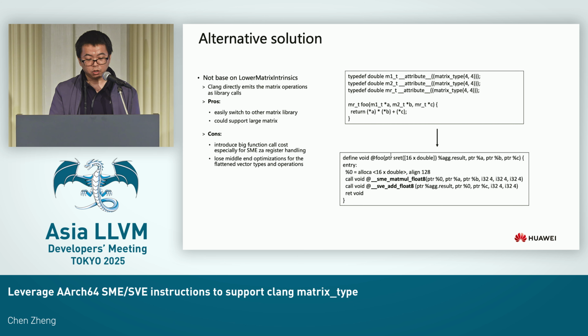With this solution, the SME library can be easily switched to another one, and it may be easy to implement the solution by itself. It can also be possible to support a large matrix because we should be able to make the matrix type be returned and passed as pointers in the Clang frontend.